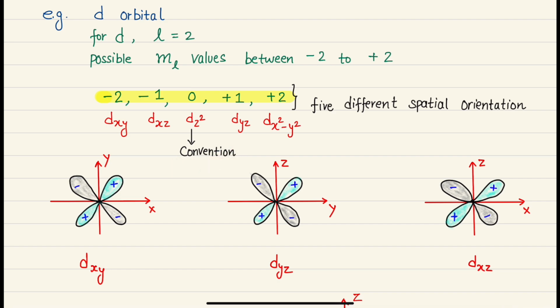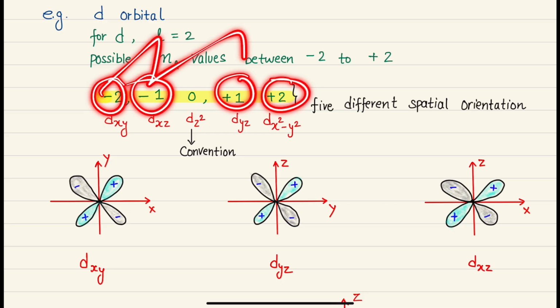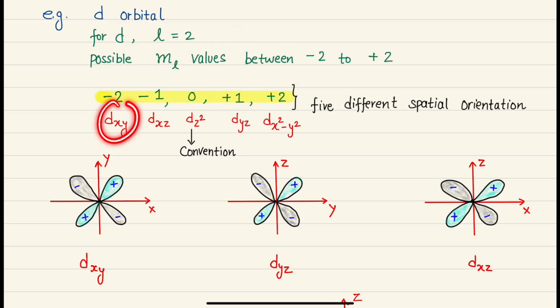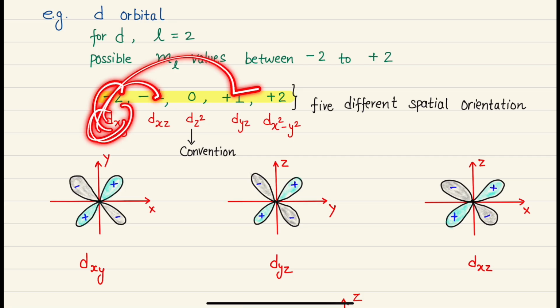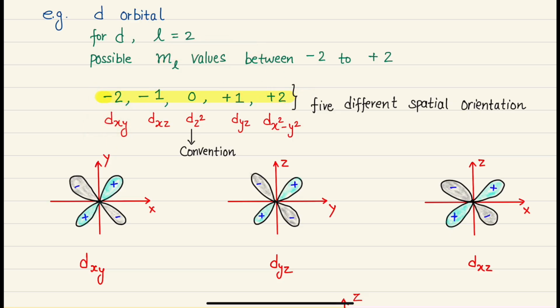But minus 2, minus 1, plus 1, plus 2, these we can interchange. We can take any one. Dxy can be minus 2 also, can be minus 1 also, can be plus 1 also, can be plus 2 also, no restriction. But for dz square we take ml value 0, and the rest can interchange.